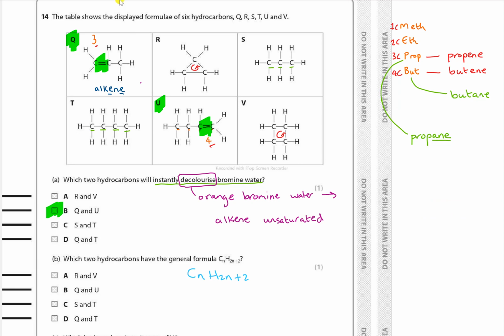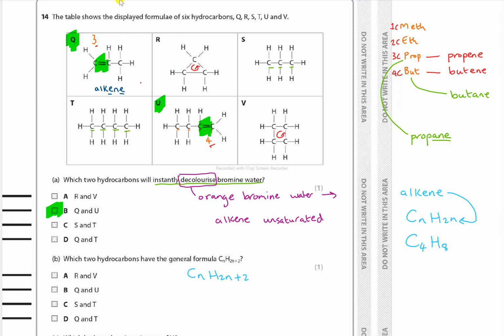The easiest way to learn it is learn alkene CnH2n. So if I've got 4 carbons, I double the number of carbons to get the number of hydrogens. So 4 times 2 is 8. Simple. That's an alkene. General formula for an alkene.